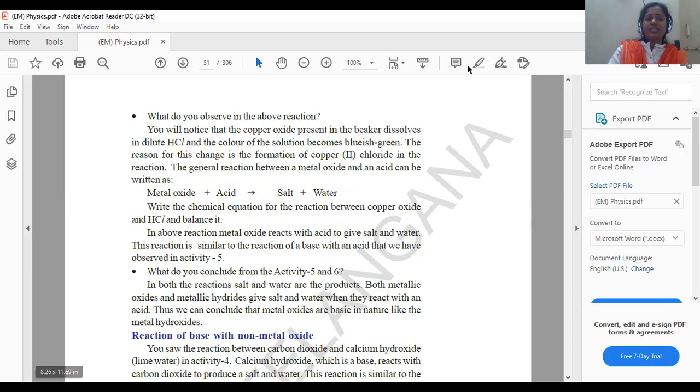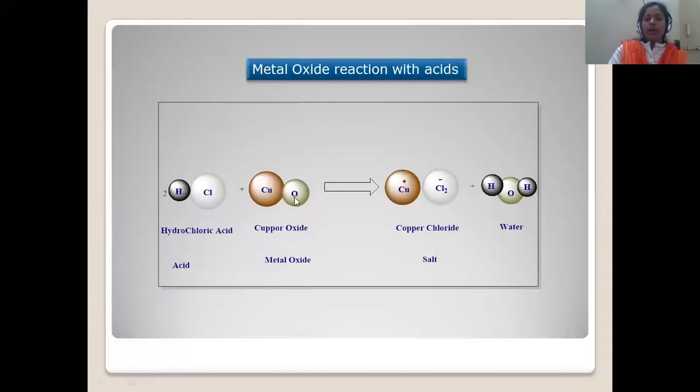Just now we did the balanced equation. How can it be balanced? In order to neutralize one copper oxide, 2 HCl are required. The reason is copper is divalent while HCl is monovalent. That's why 2 moles of HCl are required. Hence, one molecule of copper chloride will be formed.